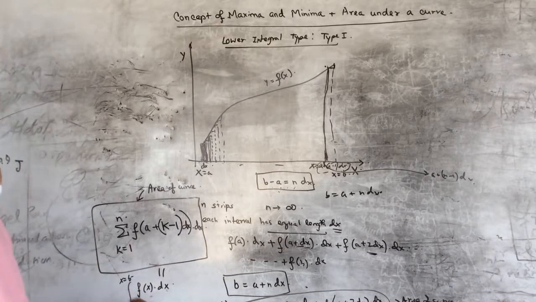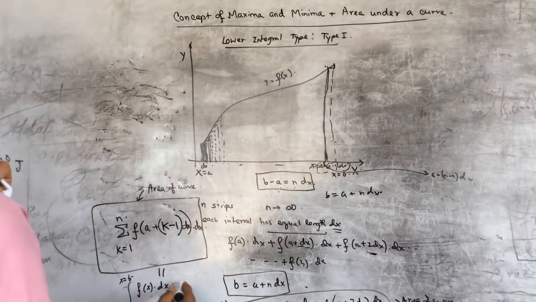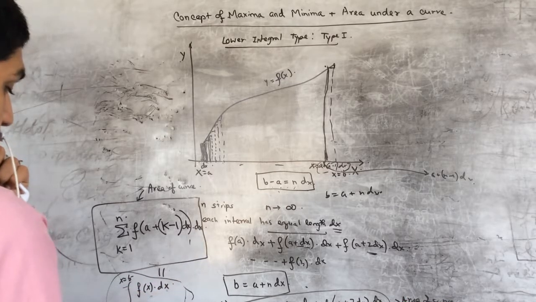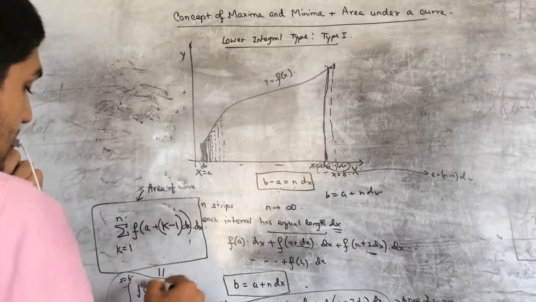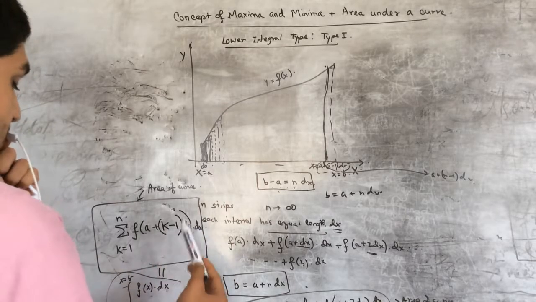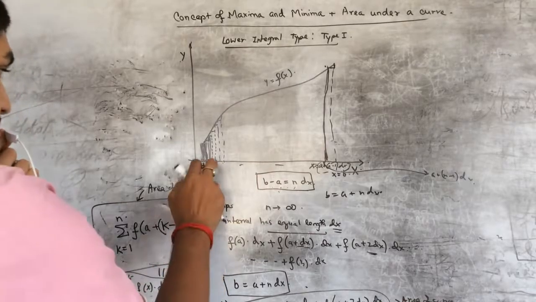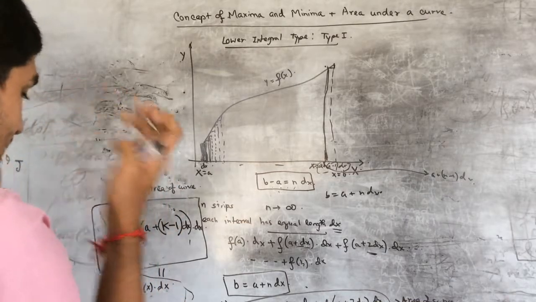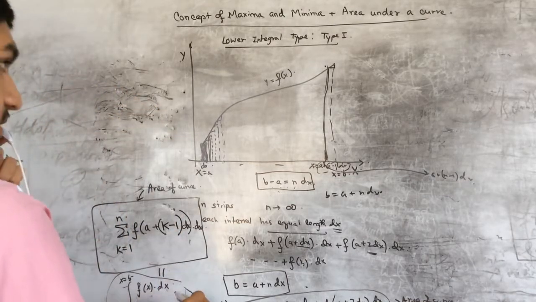This is the lower limit, this is the upper limit, and this gives us this, because first we take x equals a, and then calculate f(a) dx, then we take some length, then calculate that. So summing them up, we actually get the area under the curve.